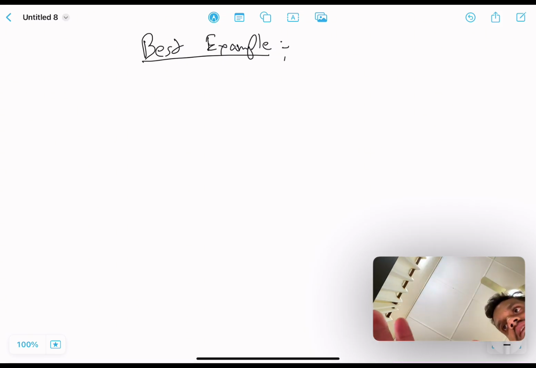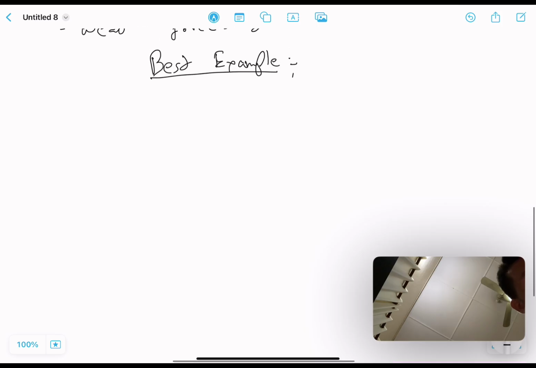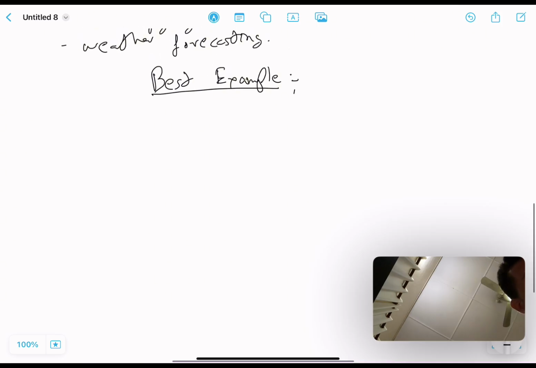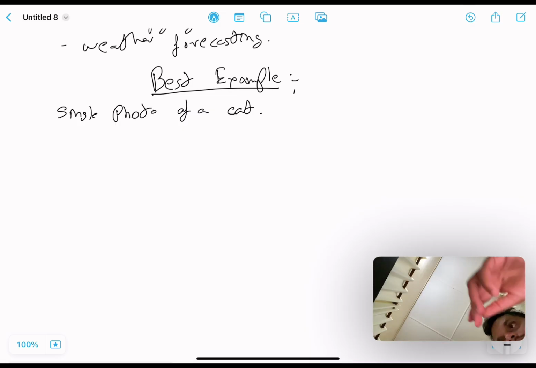In image classification, let's say that you give the network a single photo of a cat. A feed-forward neural network can correctly say that this is a cat.